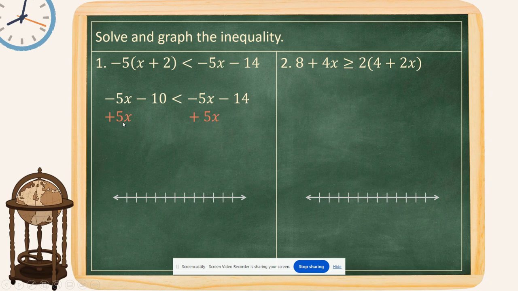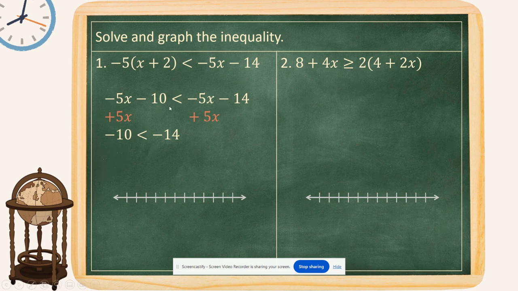So I add 5x to both sides, and I notice that negative 5x and 5x cancel each other out. Right away I should notice I don't have a variable anymore, which means I'm going to have an unusual solution.